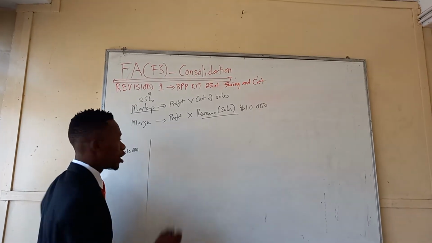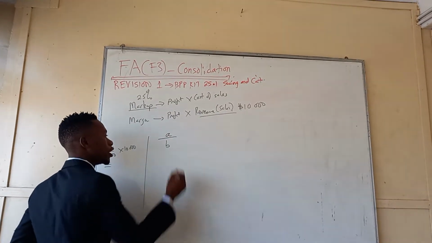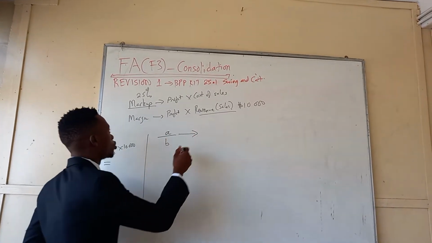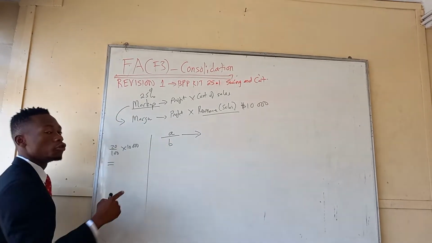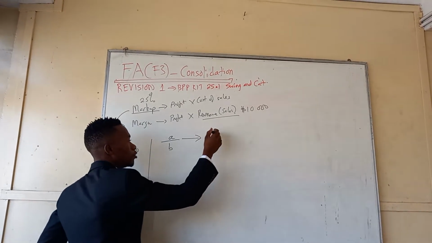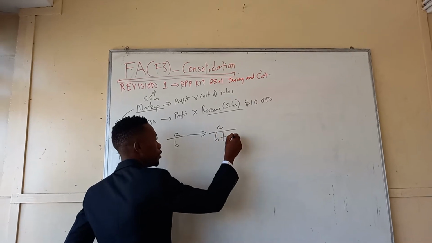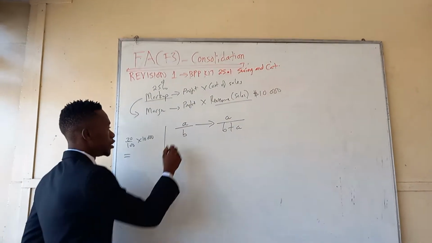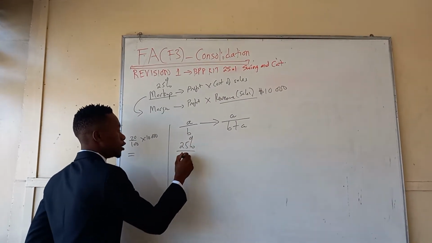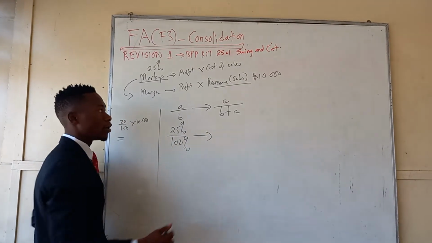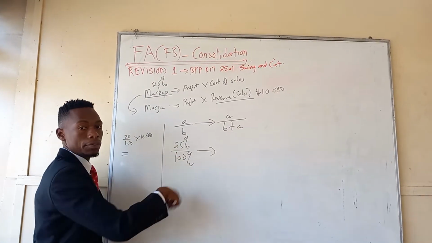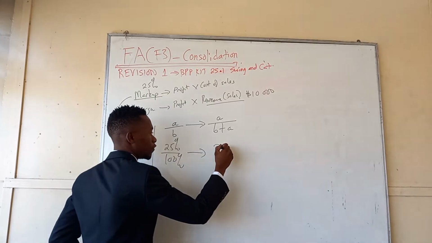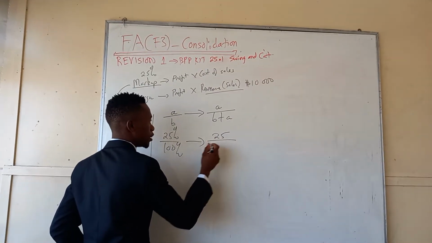Here is the formula from the primary school learning, A over B plus A. So this is 25%, right? This is the percentage. When I want to convert this markup to margin, I'll say 25 over 100.